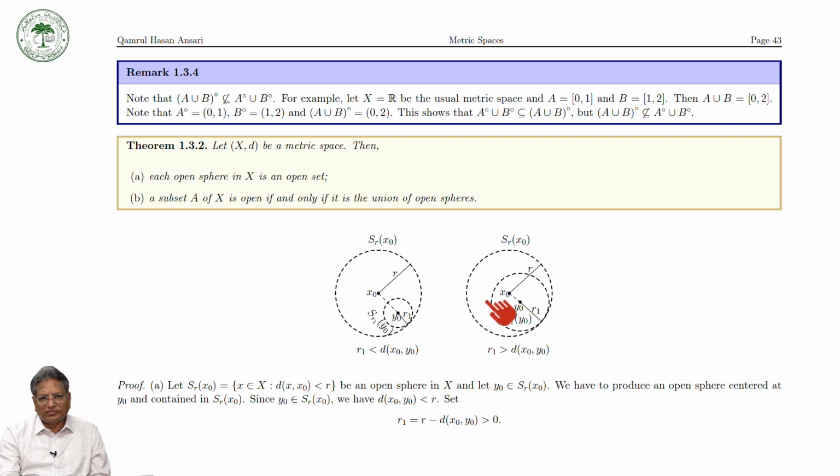In one case r1 is greater than this distance, and in the other r1 is less than this distance. So we set r1 equal to this, which is greater than 0.